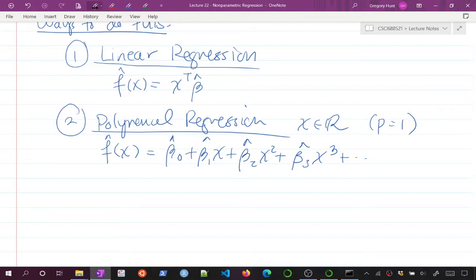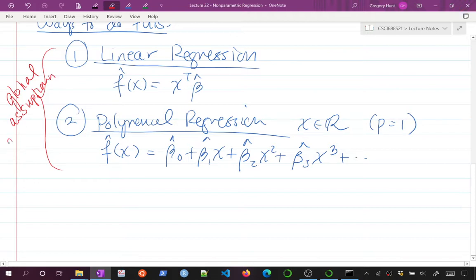And these models, whether or not you use simple linear regression, multivariable regression, polynomial regression, or some other kind of expansion, are making some kind of global assumption about the form of this conditional expectation.